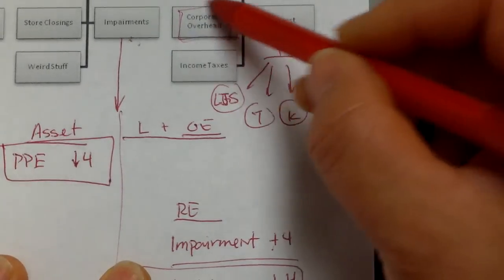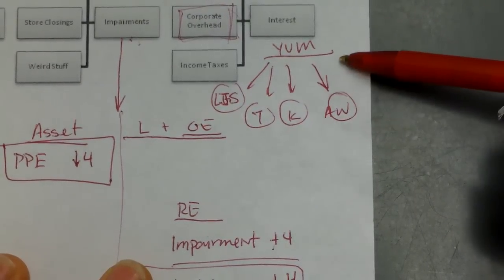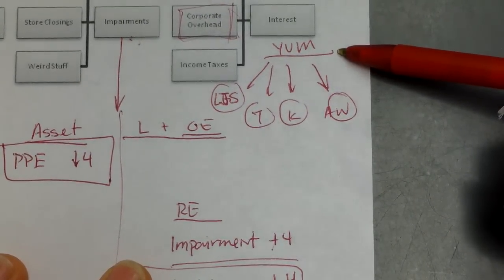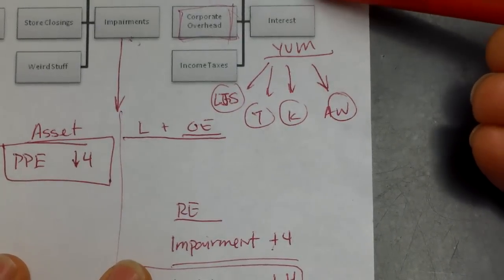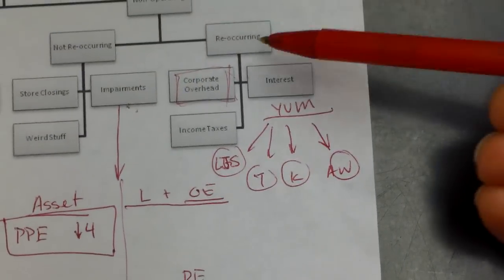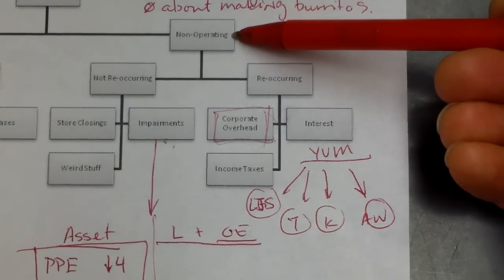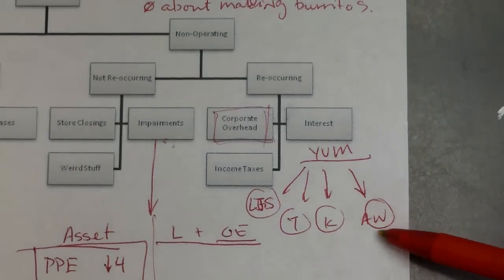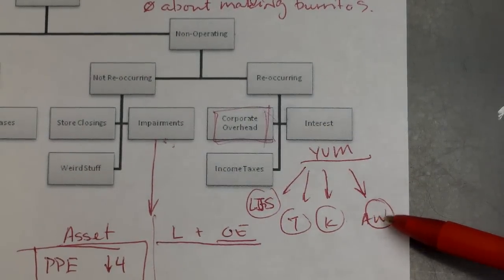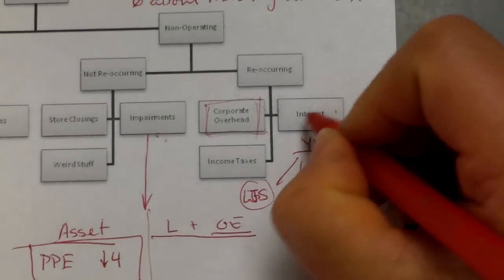So that's allocated corporate overhead, but it happens every single year or every single period because the CEO gets paid every single period too. So it's reoccurring, it happens, but it's not directly related to the operations of making tacos, making fried chicken, making chili cheese dogs or anything like that, okay? Interest. So this is like interest expense.